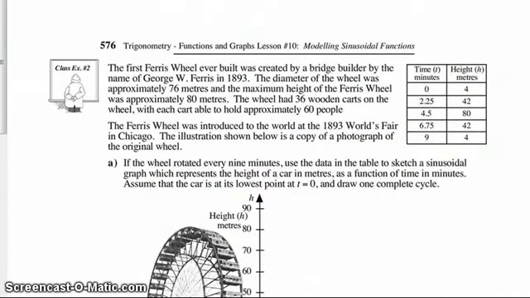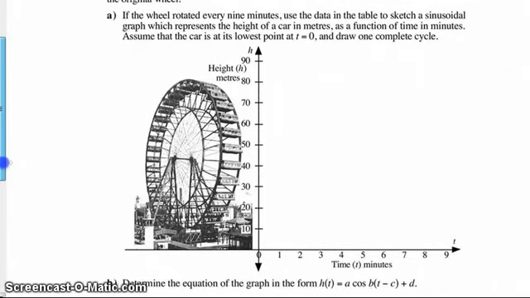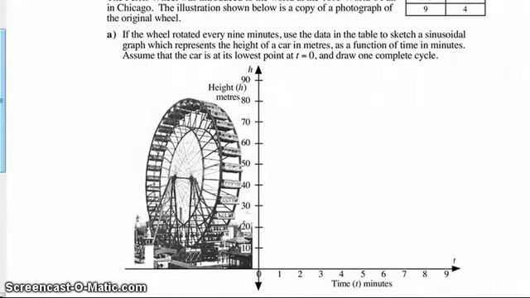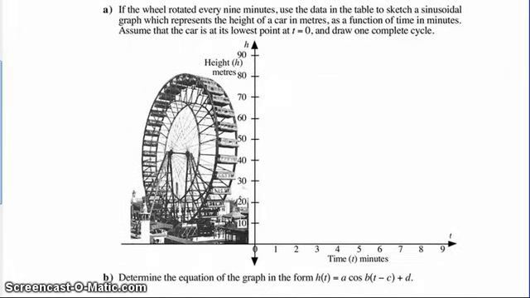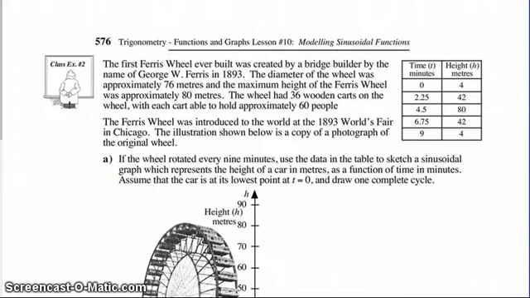Moving on to example 2, read the information carefully and draw a graph of the data to come up with your answer. So in this problem, you need to read through there's some important information. This Ferris wheel is 76 meters in height.